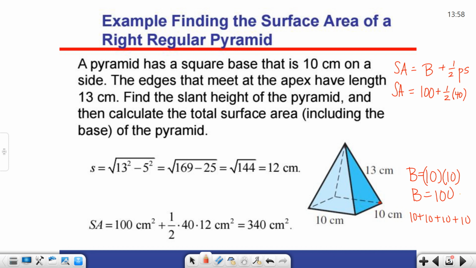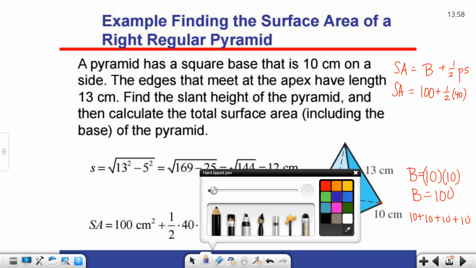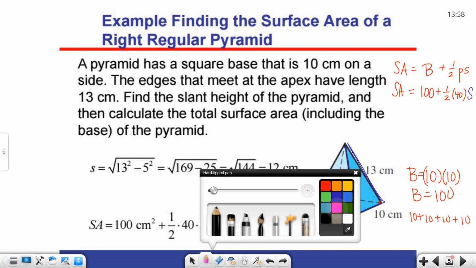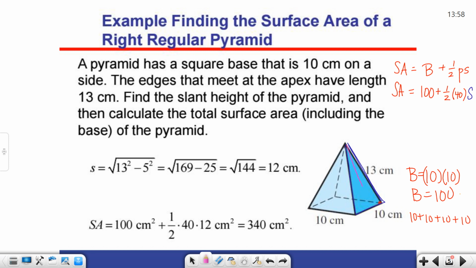But so far, we've got it going pretty well. I'm going to write S there to represent my slant height. Here is my triangle right here. Any of the faces would do, but this is the triangle I'm going to use. I'm going to drop a perpendicular, which means drop it down the center.